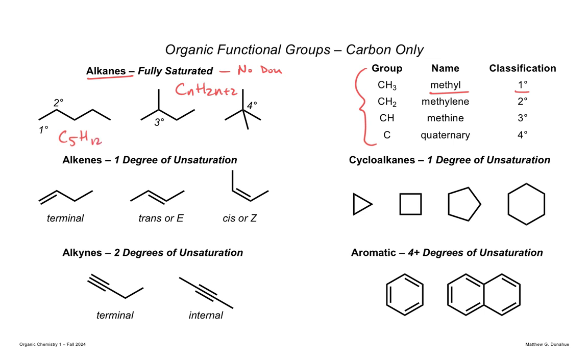H12. We would say that carbons 1 and 5 are both primary or methyl groups. 2, 3, and 4 are all secondary. So secondary is methylene, CH2.